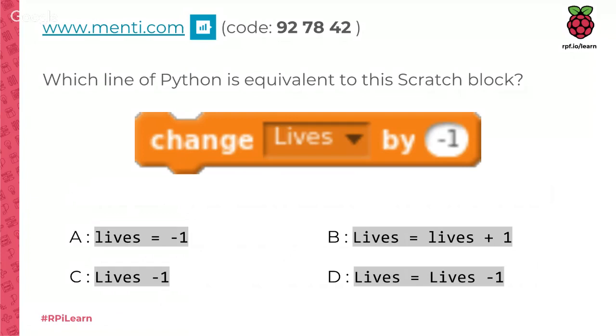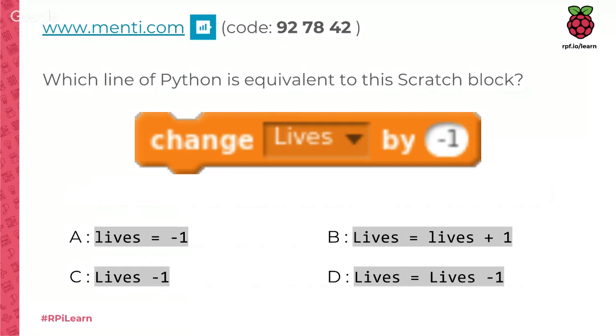So what is happening in this block of Scratch code? Okay, voting is closed, and I've just noticed that for some reason there is a bit of a typo in my Menti poll here.